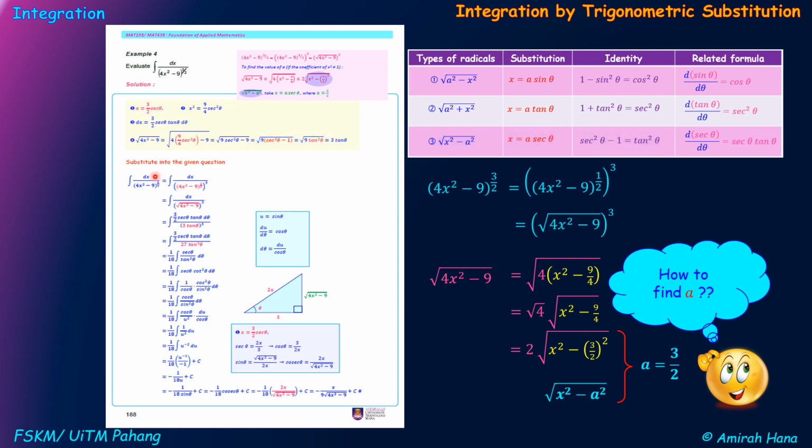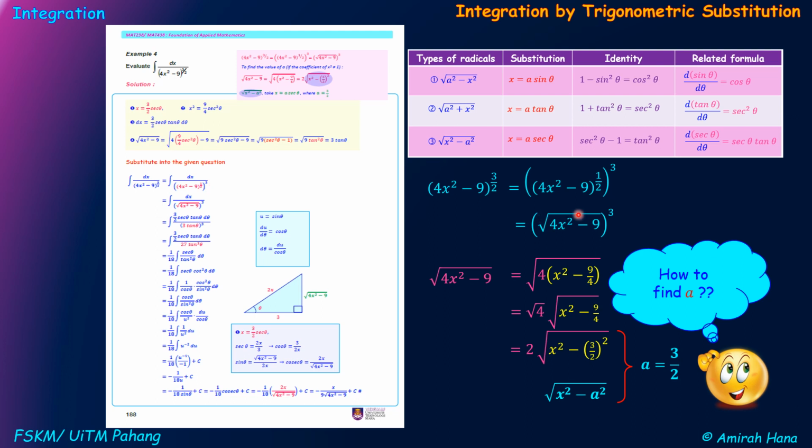Okay, after that, we substitute into the given question. The question is integration of dx over bracket 4x squared minus 9 to the power of 3 over 2. So, it is equals to integration of, kita ada dx over yang bracket to the power of 3 over 2 tadi sebenarnya adalah bracket to the power of half and then cube.